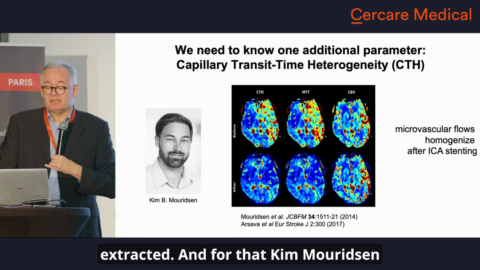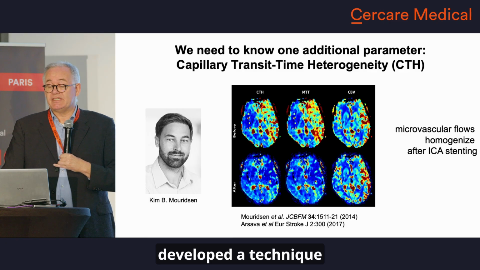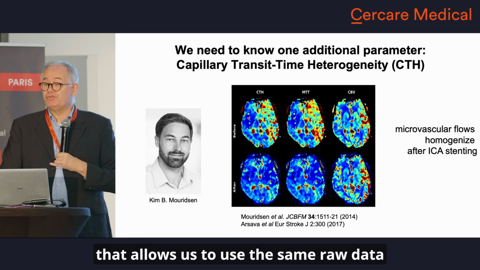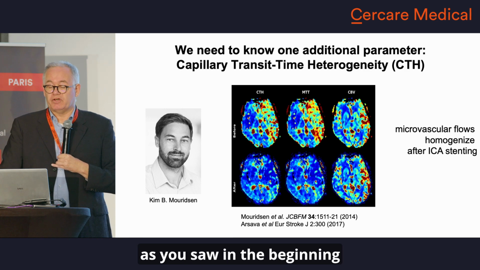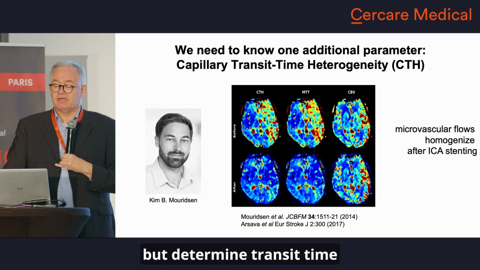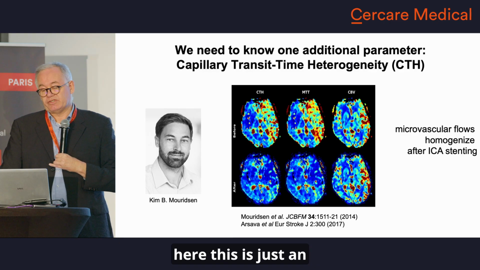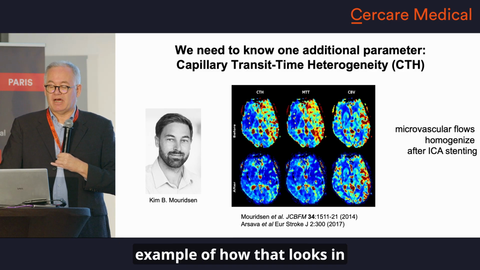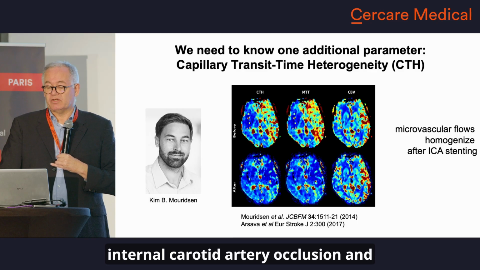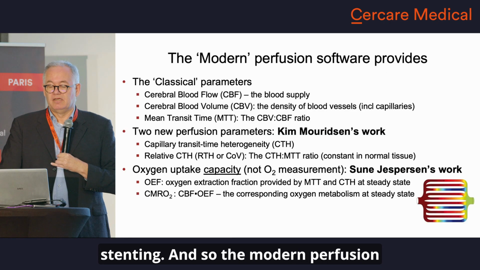For that, Kim Mouridsen developed a technique that allows us to use the same raw data as you saw in the beginning, but determine transit time heterogeneity. The leftmost images here are an example of how that looks in internal carotid artery occlusion and stenting.